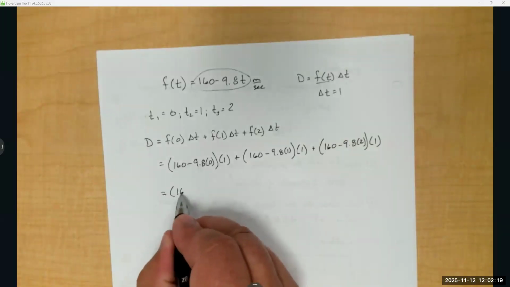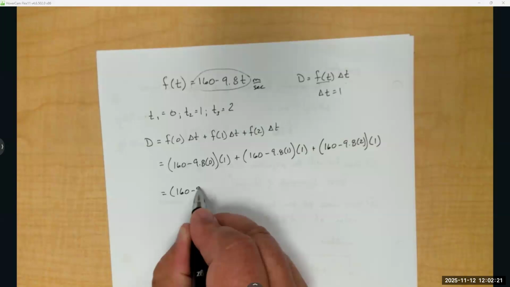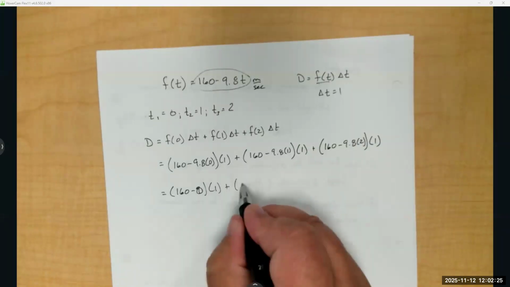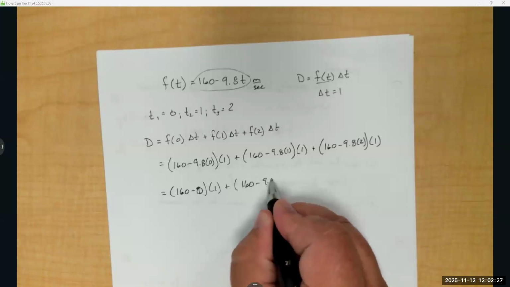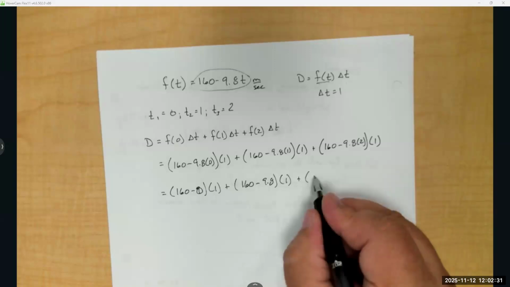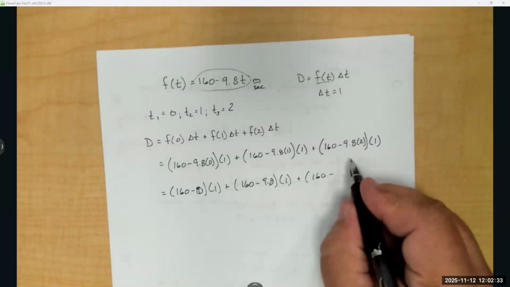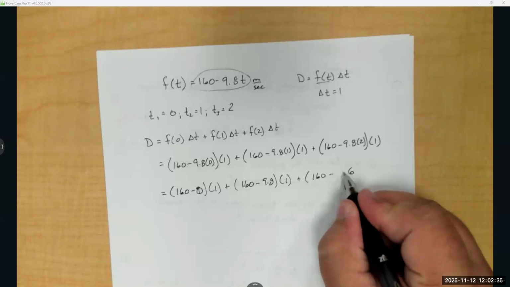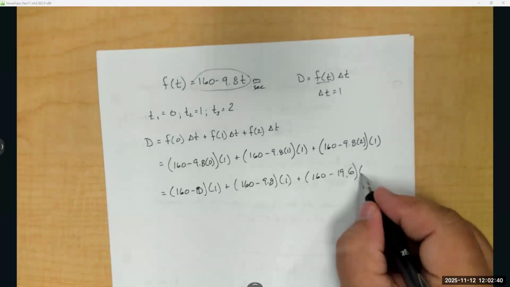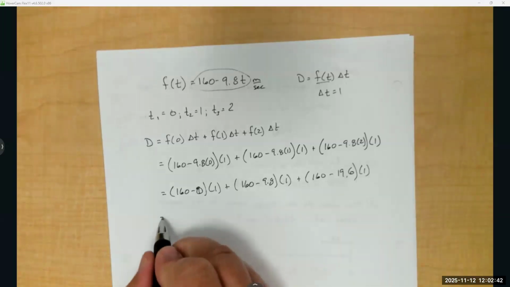So we have 160 minus 0 times 1, 160 minus 9.8 times 1, 160 minus 19.6 times 1. Since they're all times 1, I don't have to worry about those.